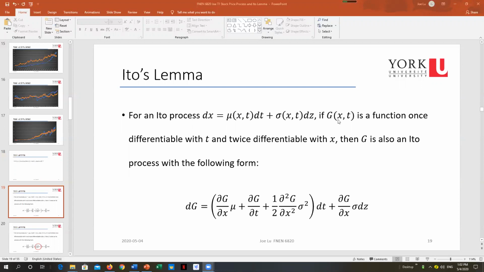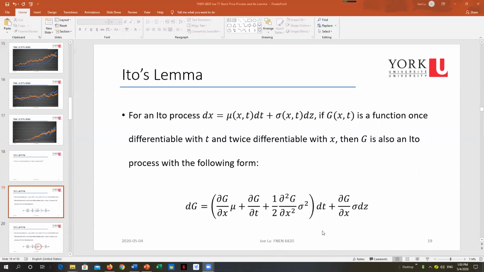if G is once differentiable with t and twice differentiable with x, then dG has the following form. Basically, it is the partial derivative of G with respect to x times mu, where mu here is actually a function, plus the partial derivative of G with respect to t.